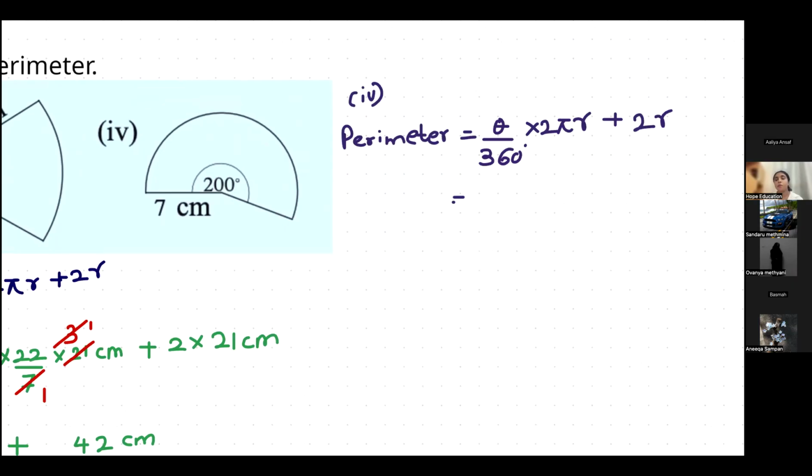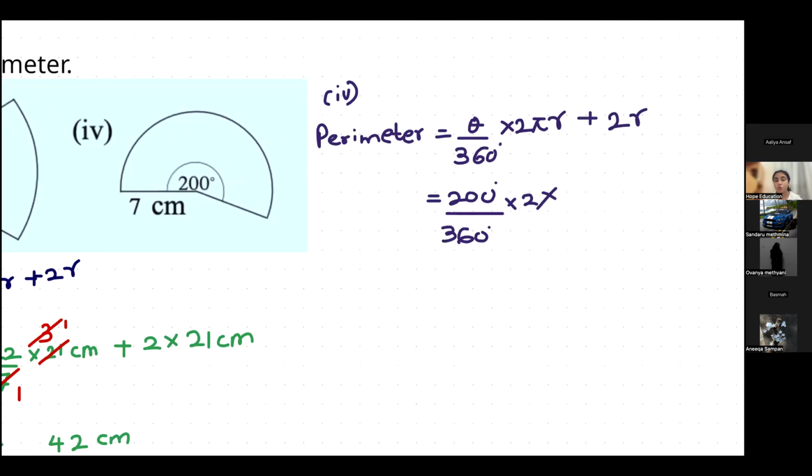What is theta here? 200 degrees. Then 200 degrees you have to divide by 360. So 200 divided by 360 multiplied by 2 multiplied by pi, which is 22 over 7, multiplied by radius. Radius r is 7 centimeters.